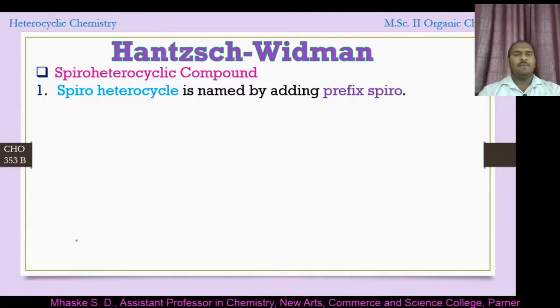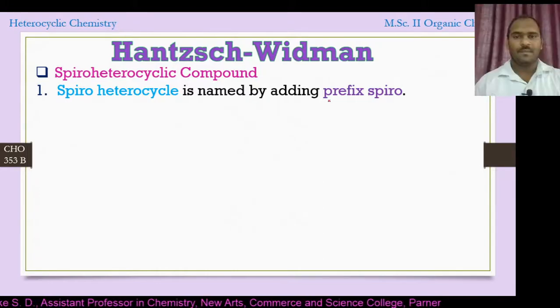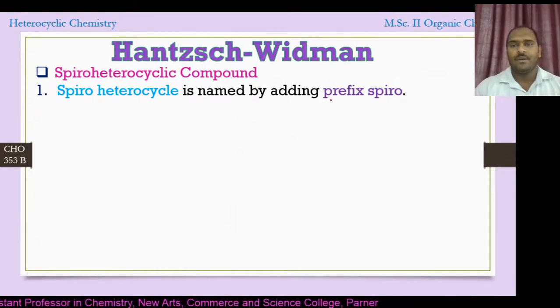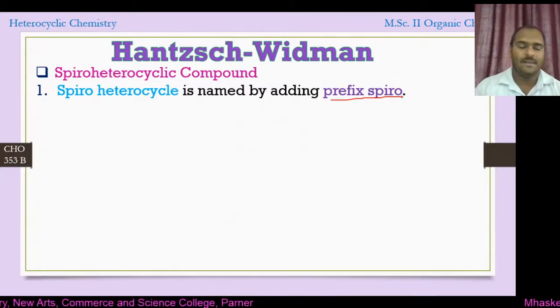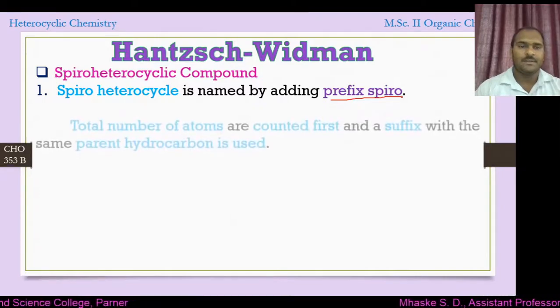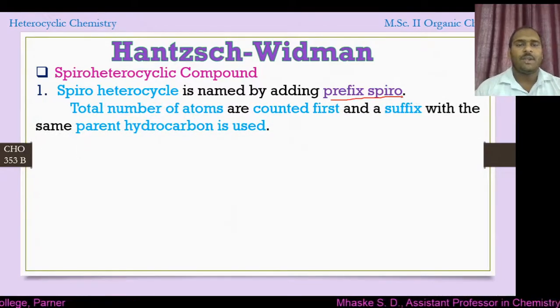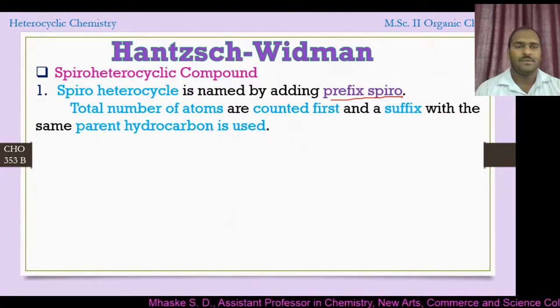A spiroheterocycle is named with the prefix spiro. First, the total number of atoms is counted, and a suffix with the same parent hydrocarbon is used.